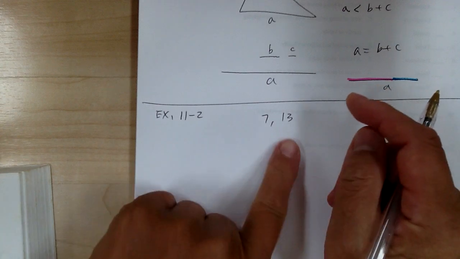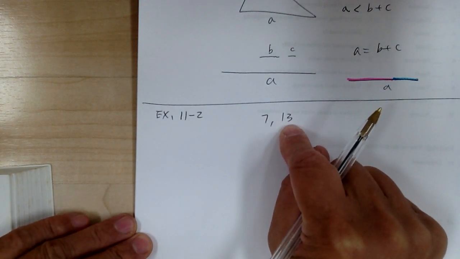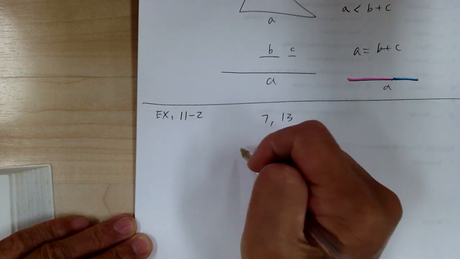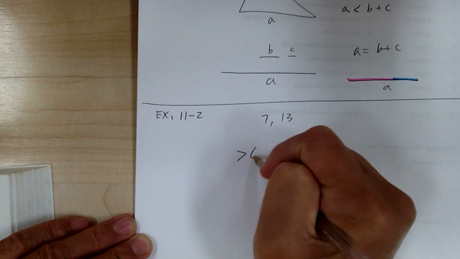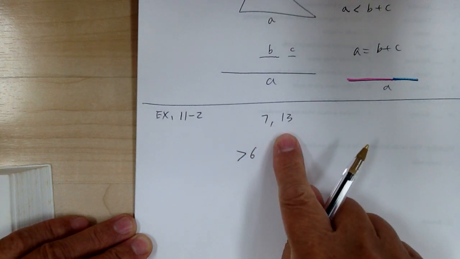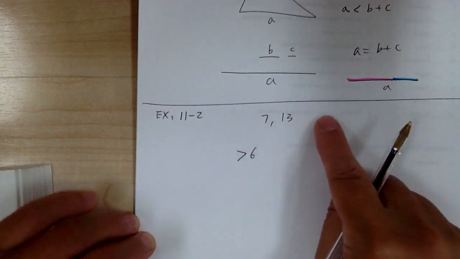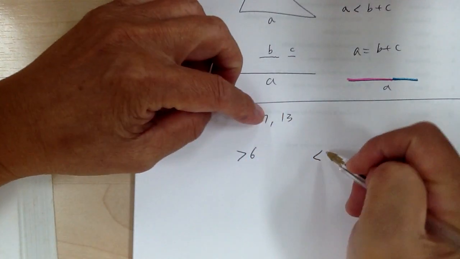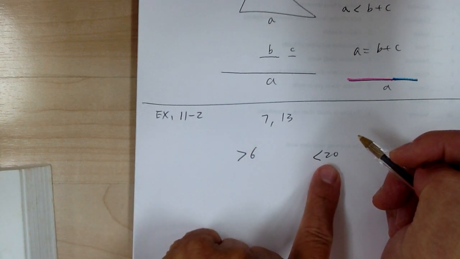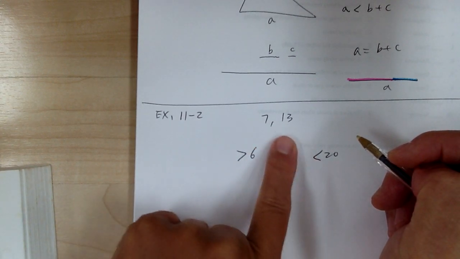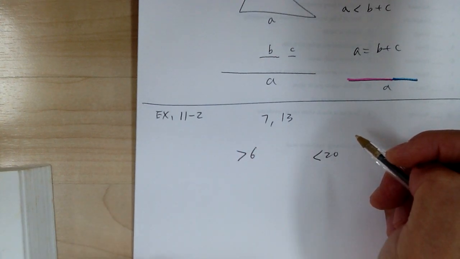Well, if 13 is the longer side, that means the other side has to be greater than 6, right? Now, if the third side is the longer side, it has to be less than 20, right? Because if the third side is the longer side, it has to be less than the sum of the other two. If it's more than 20, then you won't be able to form a triangle.